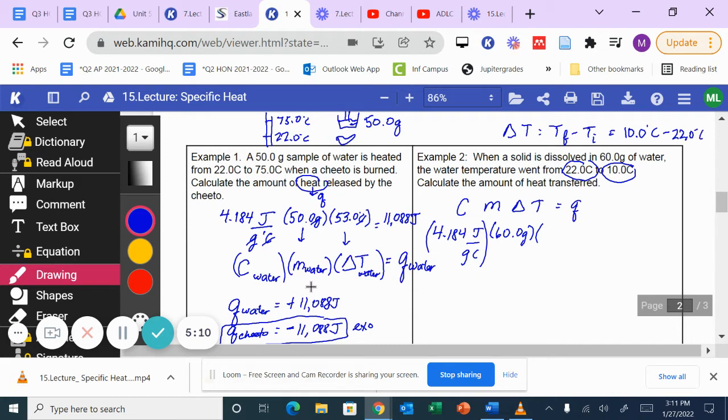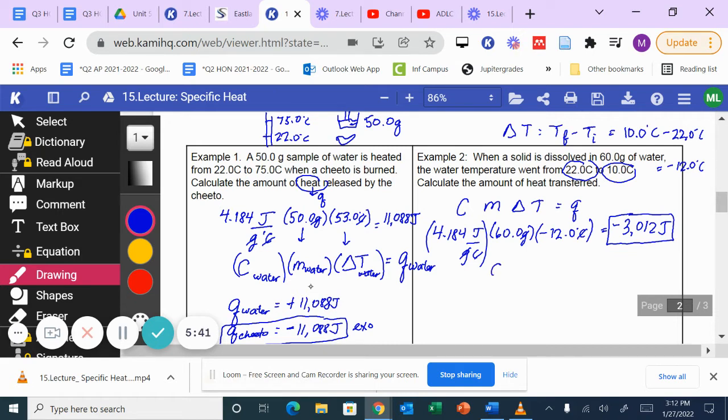So 10 minus 22 makes negative 12.0 degrees Celsius, which means Q equals, when you multiply that out, the grams cancel, the degrees C cancel, and you get negative 3012 joules.